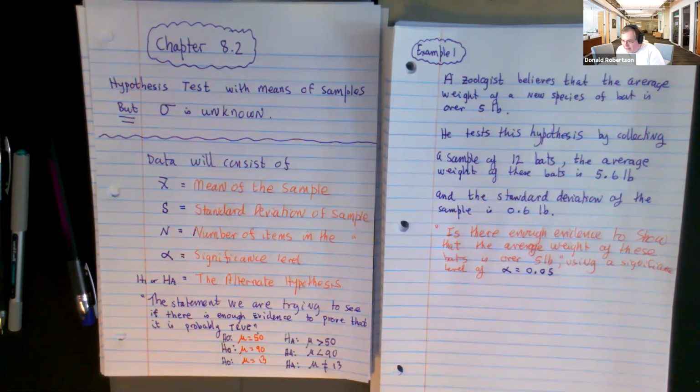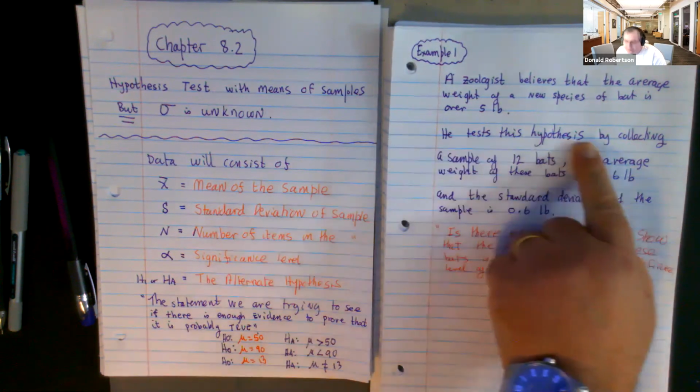And they want to get kind of statistics on it, right? This new bat on average weighs more than 5 pounds. On average, you know, its wingspan is this. On average, its number of babies it has in one go is whatever, right? They collect everything you could possibly think of. So in this case, it's the weight. And he thinks, or he believes, that it's over 5 pounds. That's fair enough.